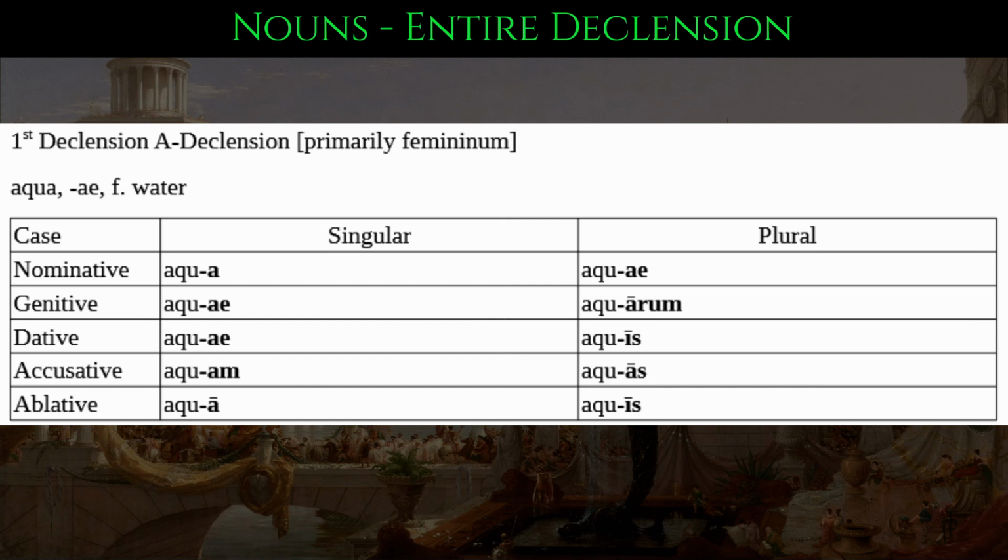So, we have 5 main declensions. Let us begin with the first declension, the A declension, which is primarily femininum. So, aqua. First, before I start with the table, what you see here is we have the nominative case and the ending of the genitive case. Next, we have the gender and then the translation. And that is what you would usually find in a proper Latin dictionary.